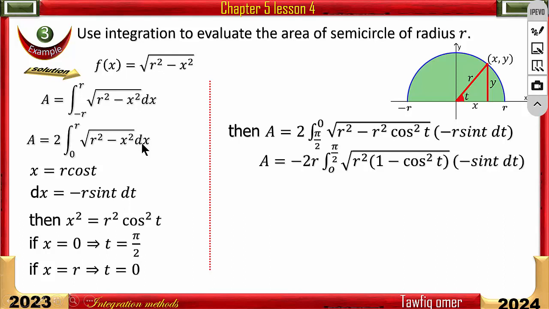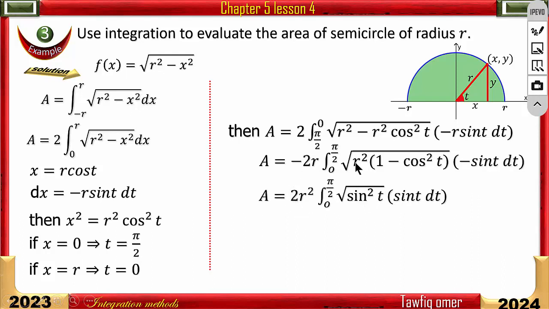Outside, in place of dx, we are using minus r sine t dt. Changing the interval from the smaller to the bigger, it becomes from 0 to pi over 2. This one becomes minus, and now minus sine t dt.